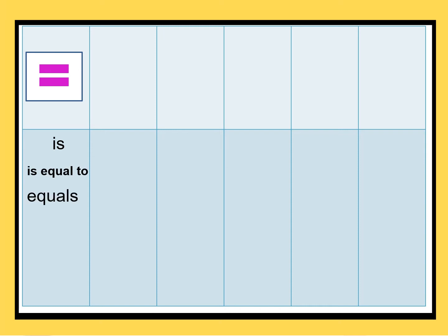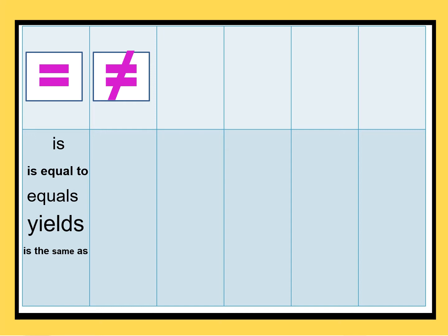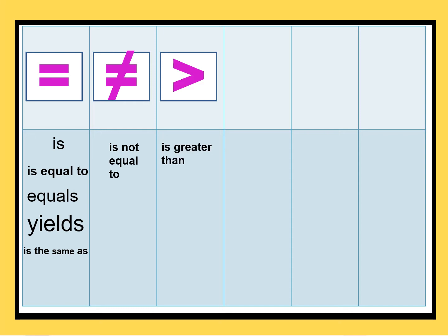Keywords for equality and inequality. Is equal to, equals, yields, is the same as. Next is not equal to. Then we have is greater than, is more than.